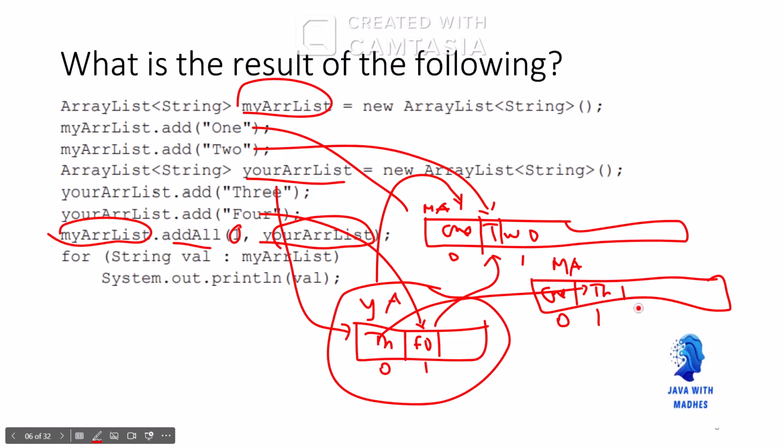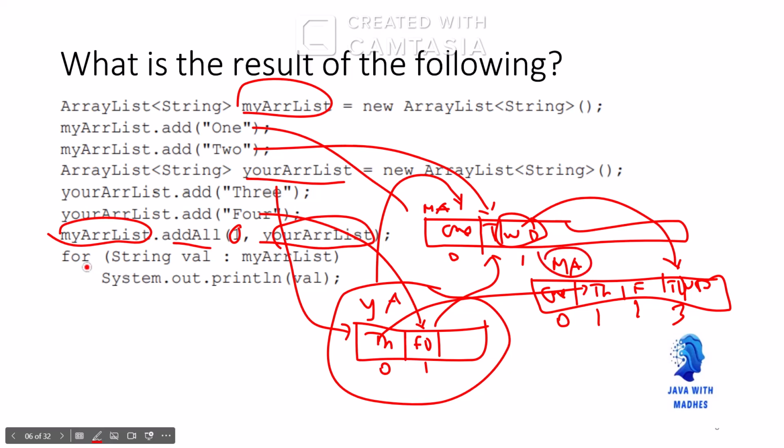Then in the second location 4 will be added. Then in the third memory location, the element that was in the first memory location of my array list, that is 2, will be added here. So this is the final list in my array list.